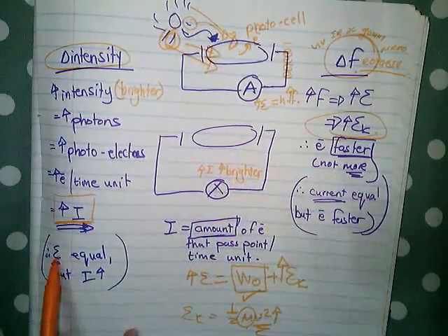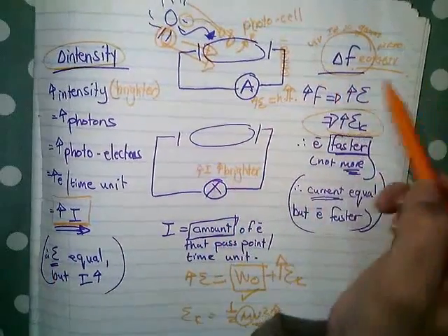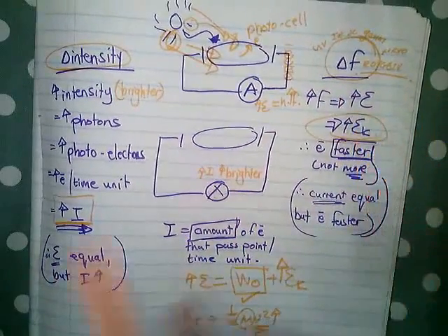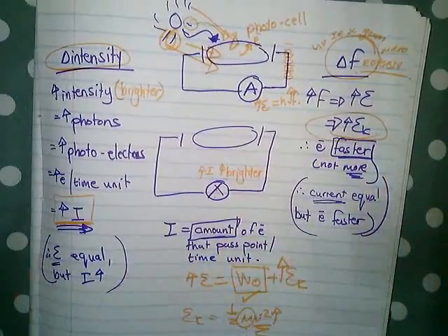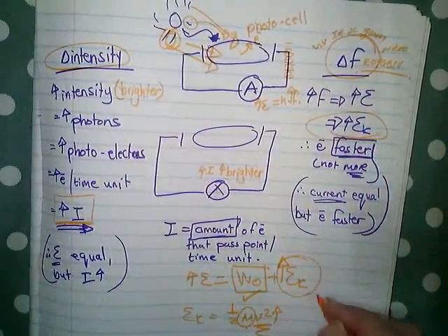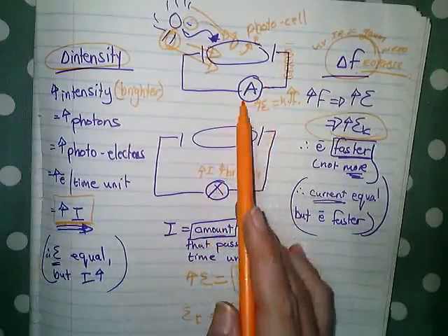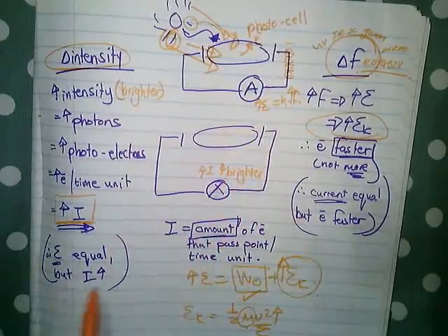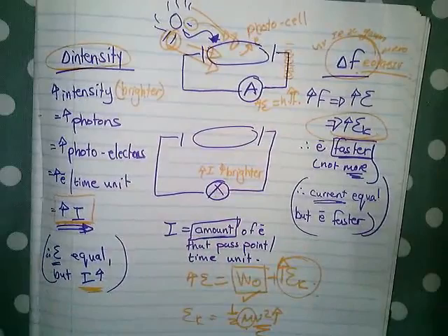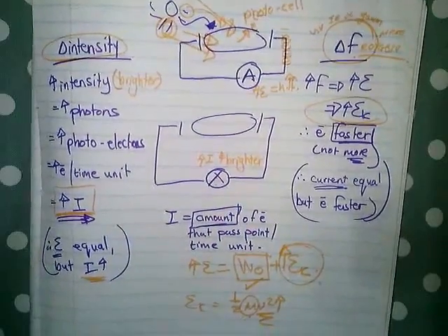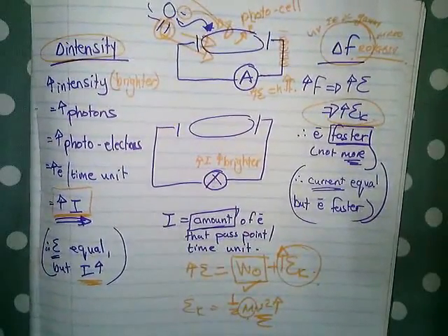Okay, so the energy stays the same. They are still moving at the same kinetic energy, but there's more of them that pass that point in a certain time, so the current is increased. Okay, that's everything for the photoelectric effect.